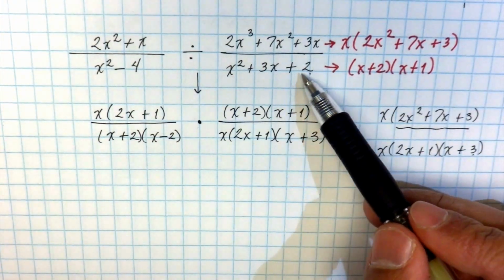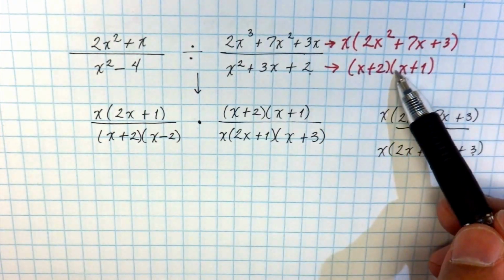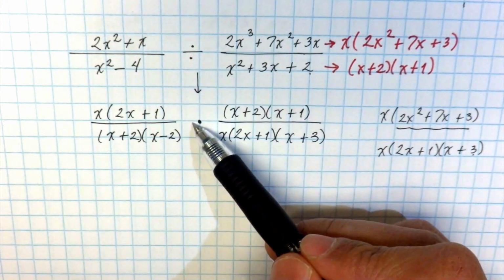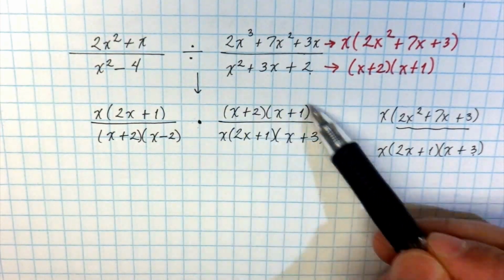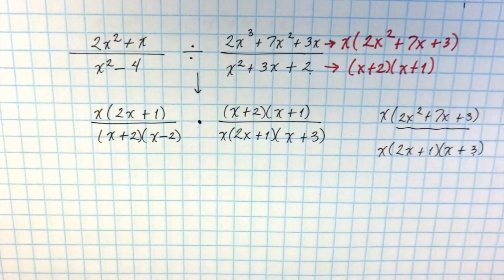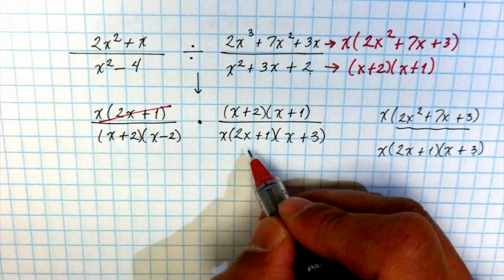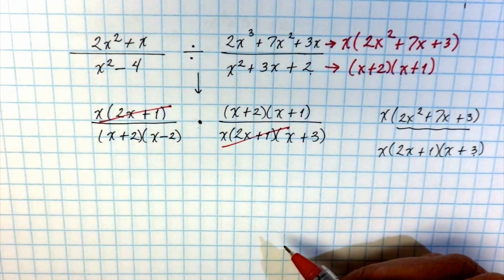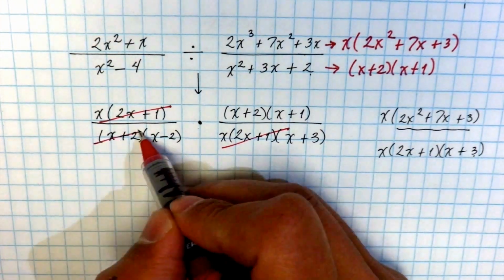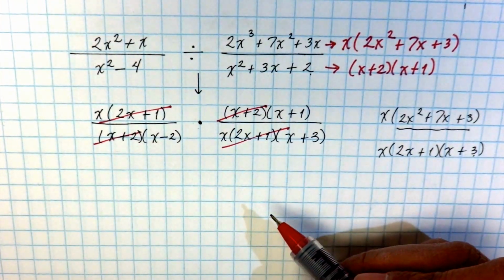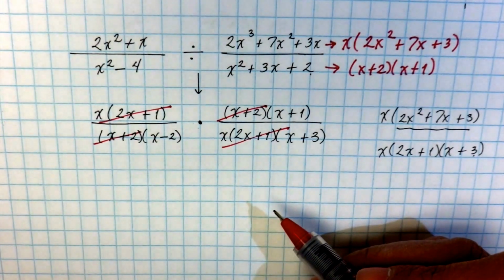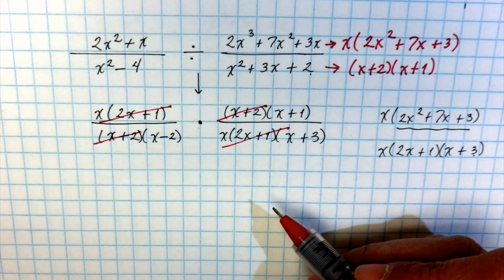Remember, this is what it factors into, but because we're doing division, we change it to multiplication and do the reciprocal. Now I can start simplifying. I notice that I have 2x plus 1 on the top and 2x plus 1 on the denominator, x plus 2 and x plus 2. They don't cancel out, that's a misconception. They simplify to a 1.